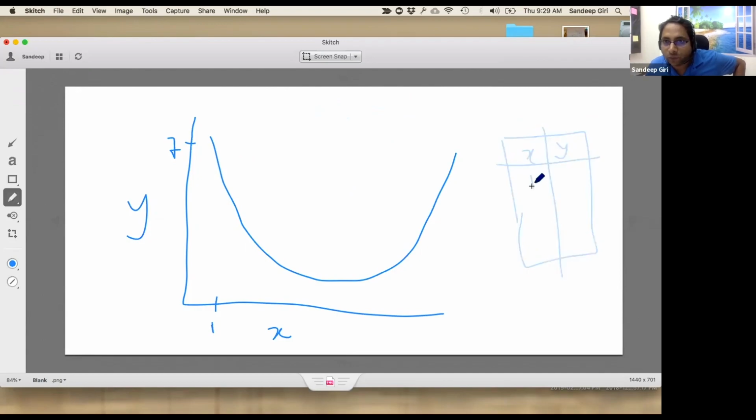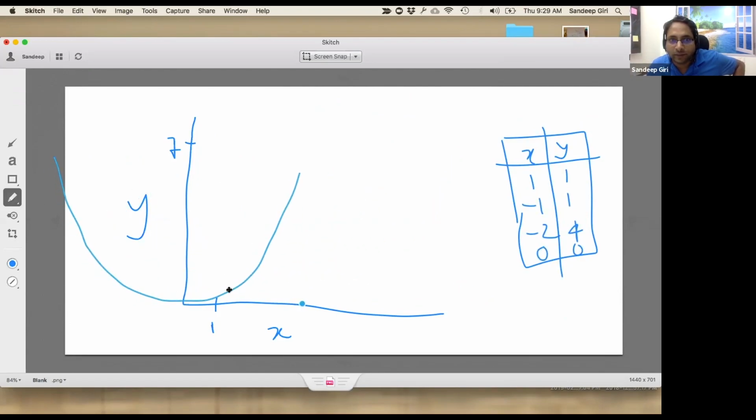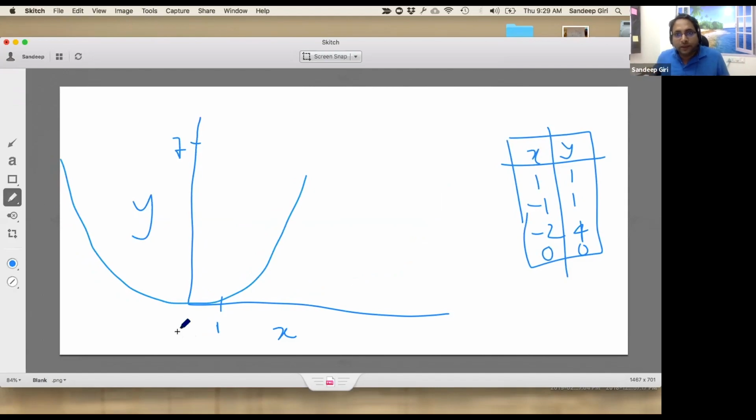For 1, y is 1, and for -1 also 1, for -2 it is 4, and for 0 it is 0, and so on. This is a kind of parabola. Now we can't really fit a line into this.